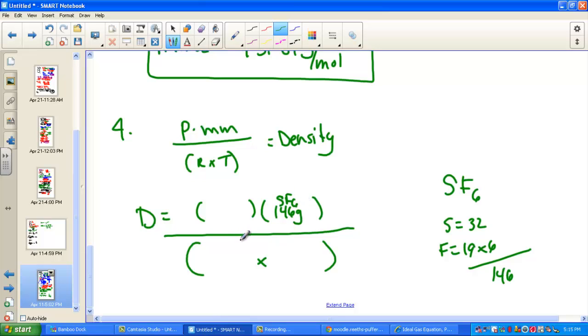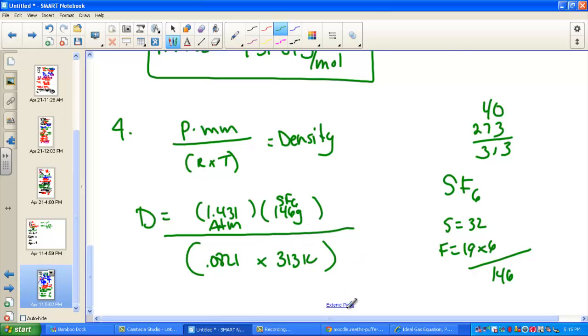It says we have 50 grams. Oh, that's problem 5. 1.431 atmospheres. So that's this guy. There's the pressure, which gives me the R constant to match, 0.0821. And 40 Celsius, 313 Kelvin.